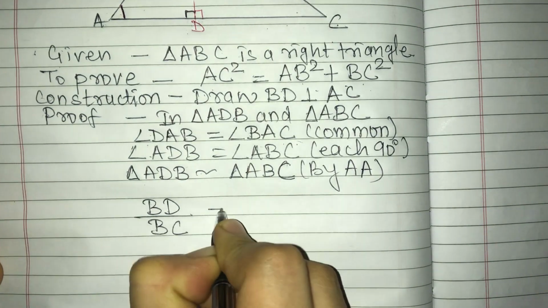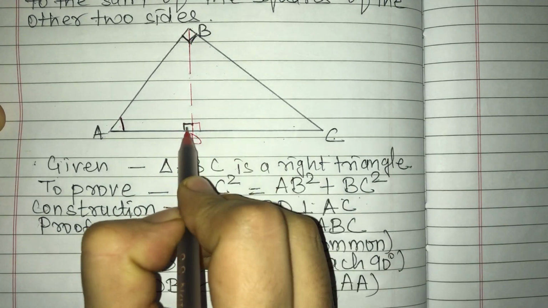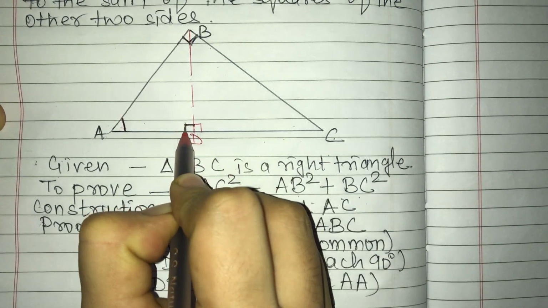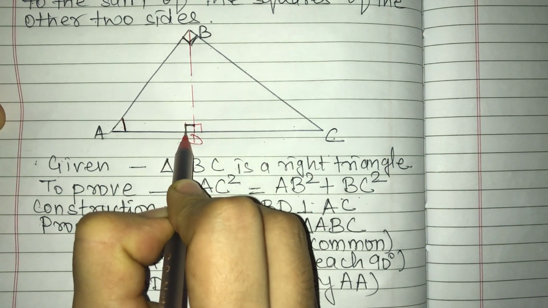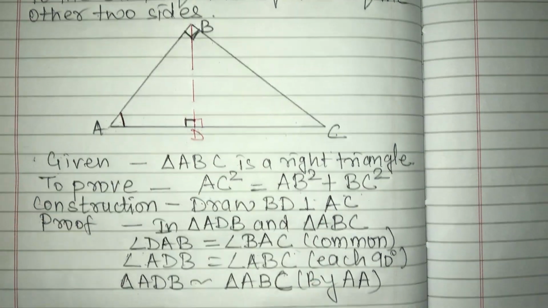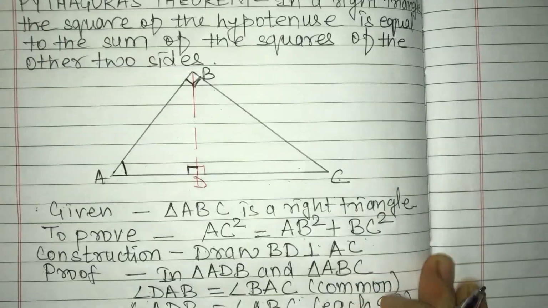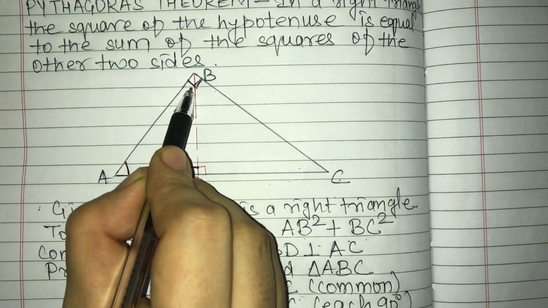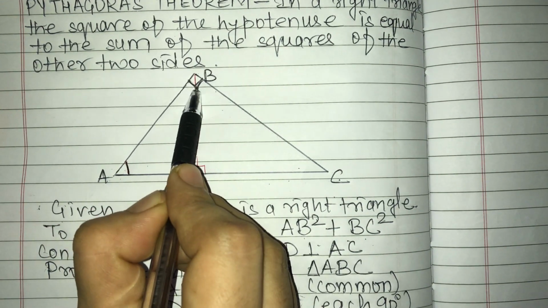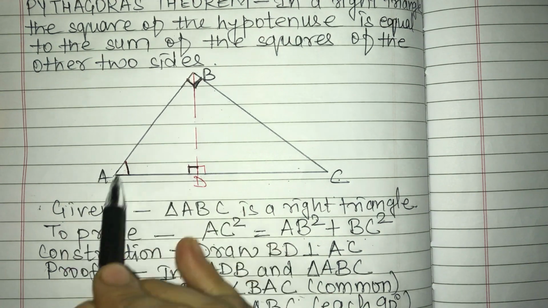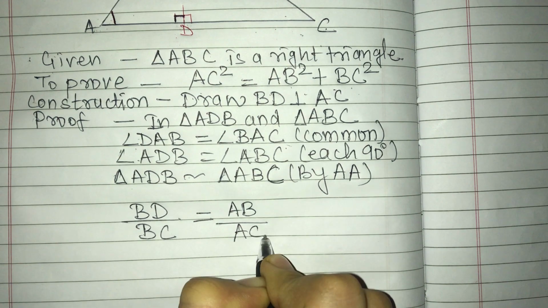So BD upon BC is equal to, now in this triangle ADB, the side opposite to this right angle is AB, and this right angle is equal to this right angle. So in the bigger triangle ABC, the side opposite to this right angle is AC. So AB upon AC.